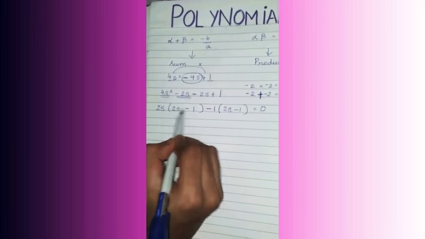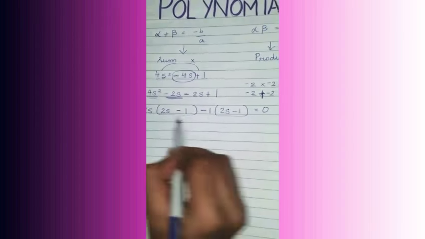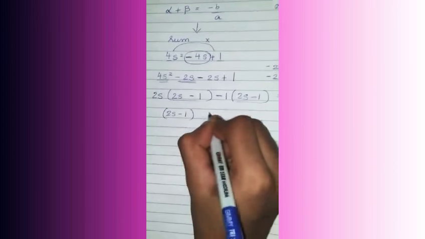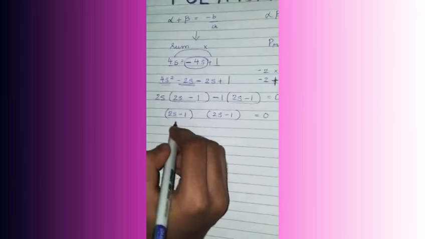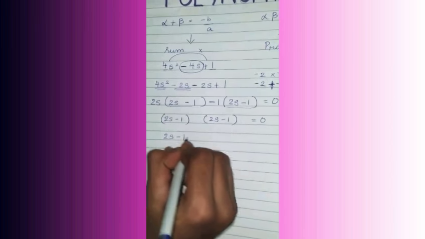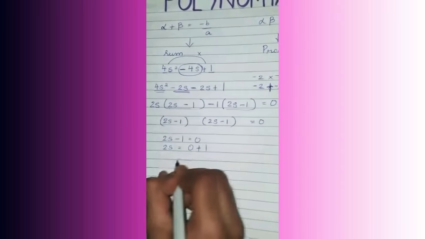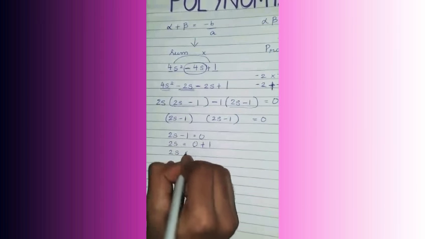Now make sure that when you factorize this, brackets are same. Zero plus 1 is 1.